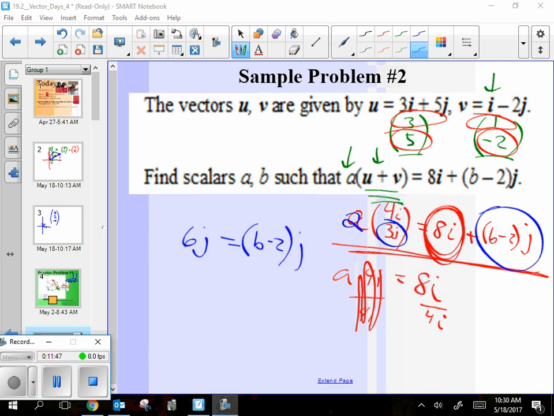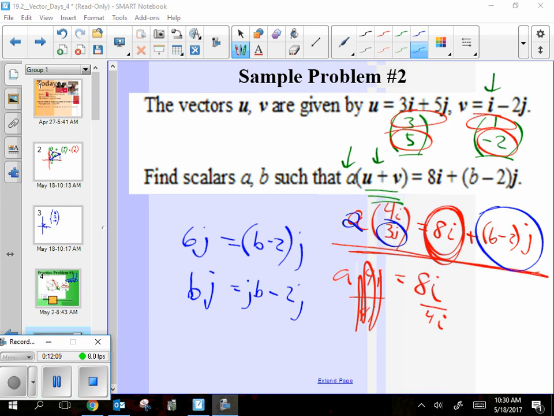And can't I solve that for b then? Yeah. 6j equals b, I'm going to call it jb, minus 2j. And I just distributed out my j there. And now I've got j's in everything.